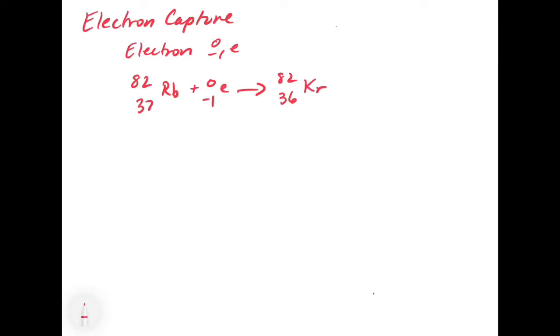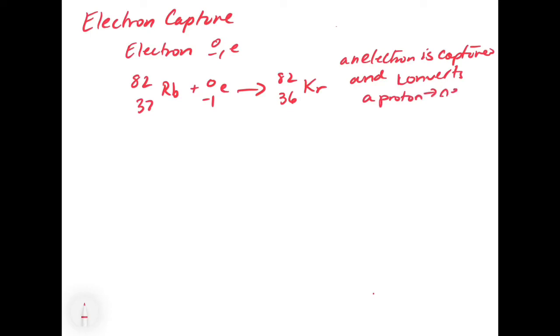So what happens here is an electron is captured, and it converts a proton to a neutron. So the mass number remains the same, and the atomic number is going to go down by 1. So it's basically the same.